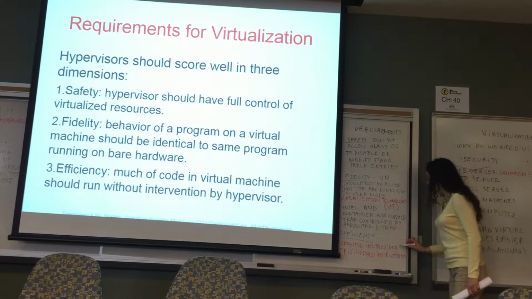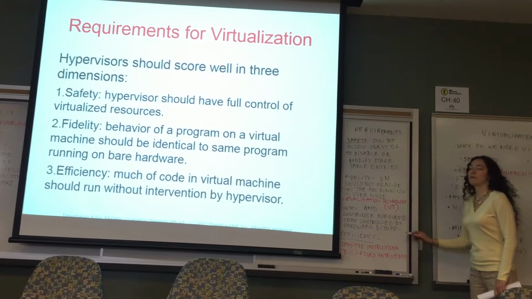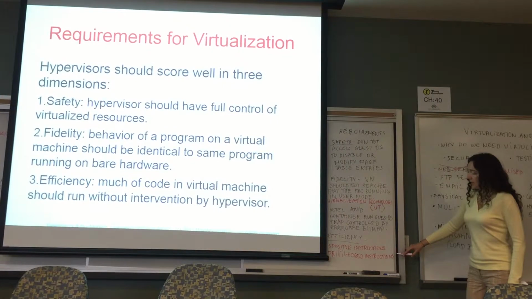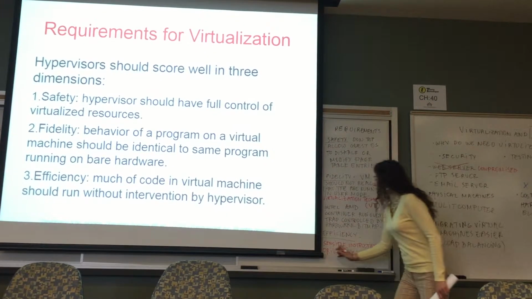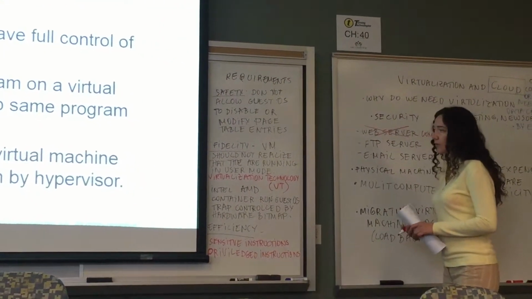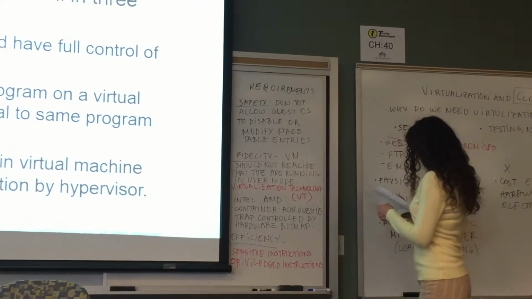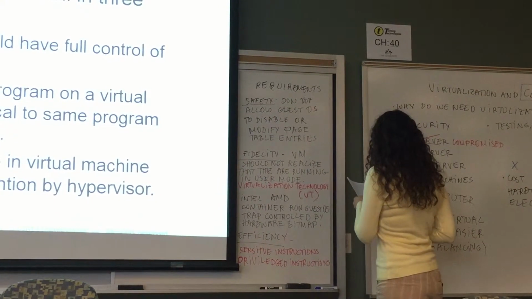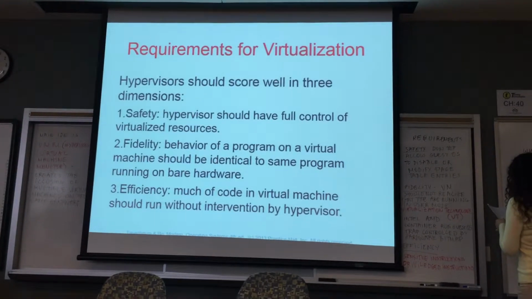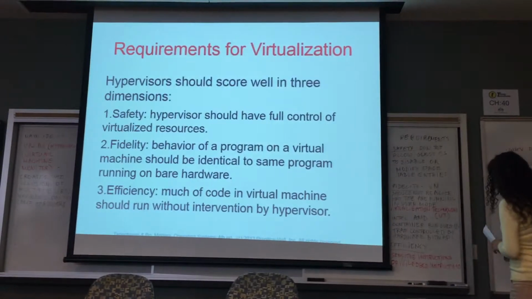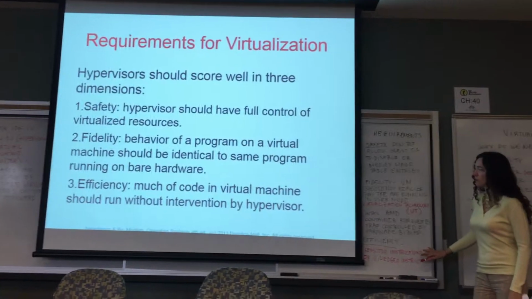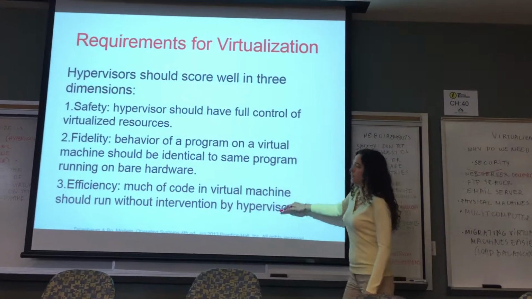Sensitive instructions behave differently when they run in user mode than when they run in kernel mode. And the privileged instructions require kernel mode to run. These are the types of instructions that we need to focus on when we think about efficiency.